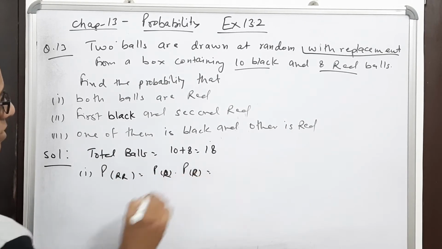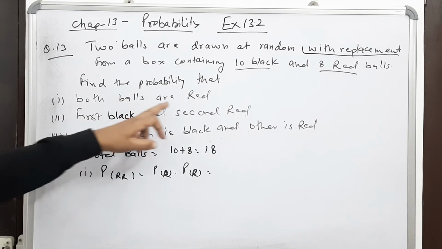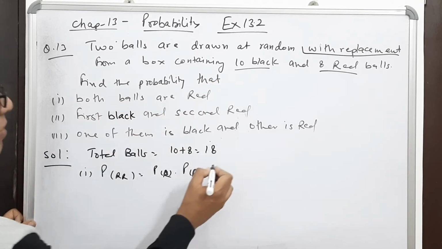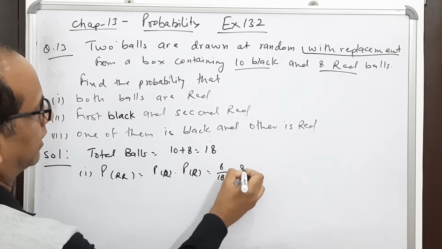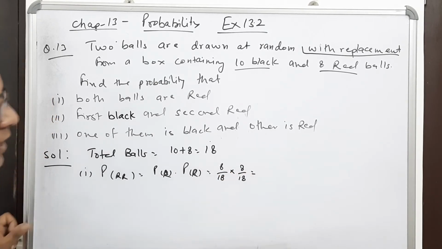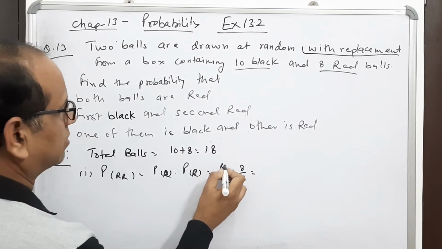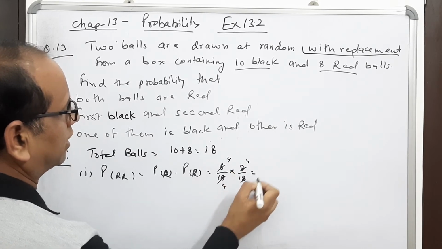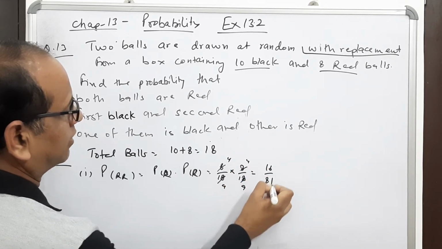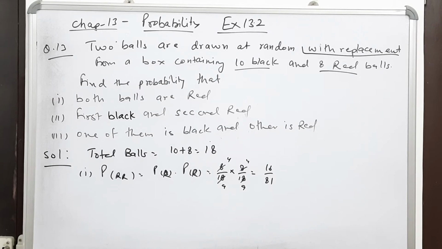It is asked here red, so I am taking red. So what is the probability of a red ball? It is 8 upon 18, and again it is 8 upon 18. So it is 4 by 9, 4 by 9. So the answer is 16 upon 81 when both the balls are of red color.